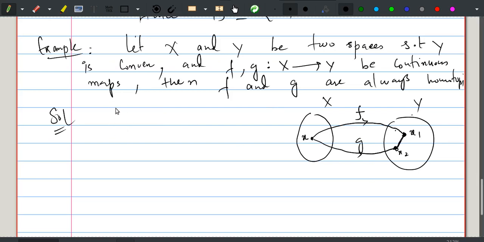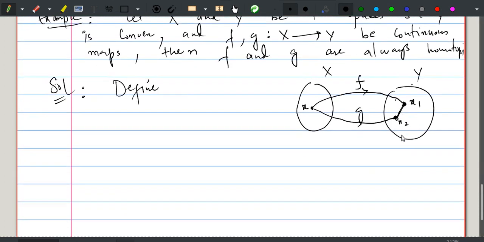This is our map H. So the solution for this is we can define a linear homotopy. Now if we consider the equation for this line segment which joins point x1 with x2, the equation is (1 minus t) times x1 plus t times x2.